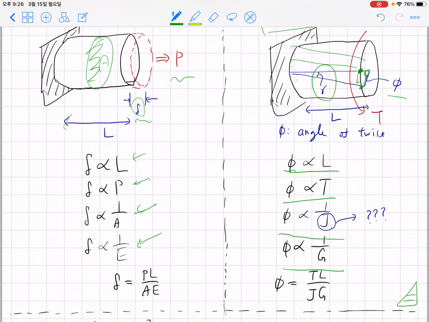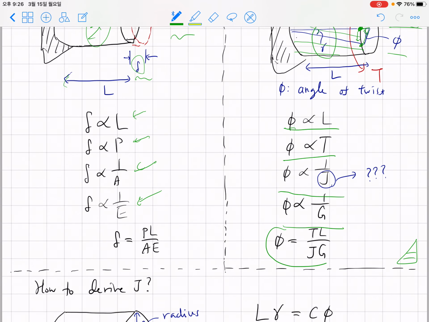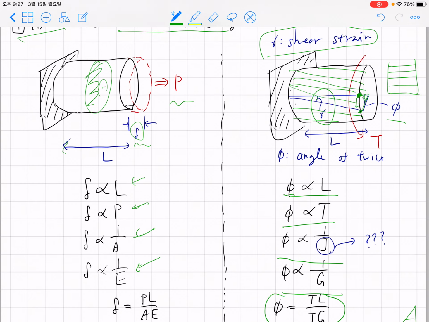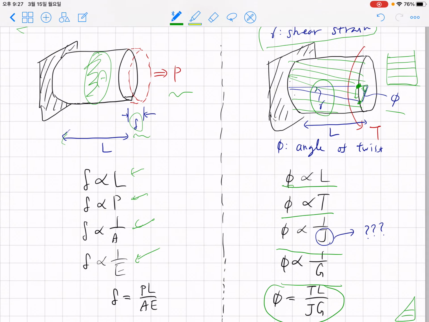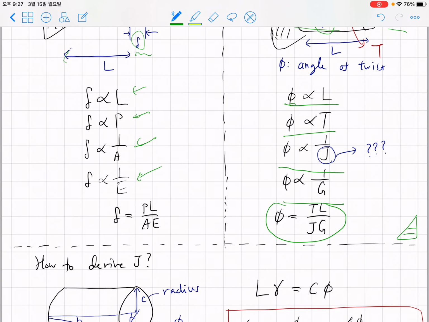Suppose originally the pillar has stripes; after torsion, the stripes will have an oblique orientation. What you're going to prove is that the twist angle is proportional to torsion T and length L, and inversely proportional to J and to shear modulus G. This is the conclusion of the first topic of today's lecture, and we'll get into the details of it in the next video.